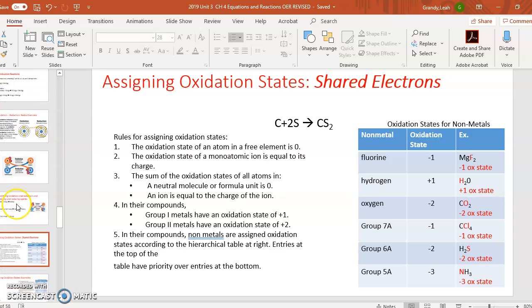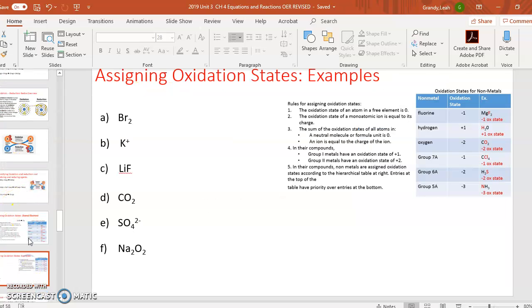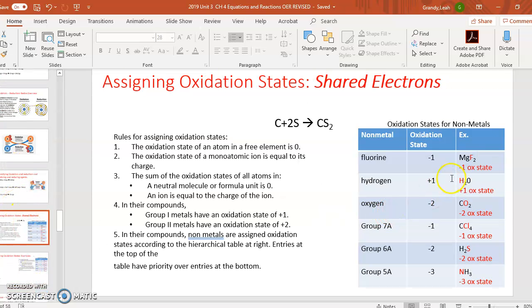All right. So let's have a look at an example. There are some examples over here. For the non-metals, we have to look at what column they're in. And so column 7 is going to be the -1, column 2. So you can think of this as its charge. That does help, but this is per atom.